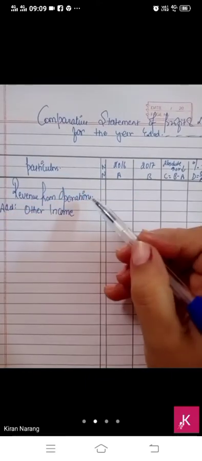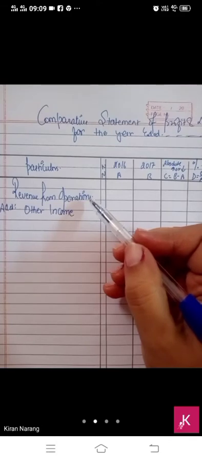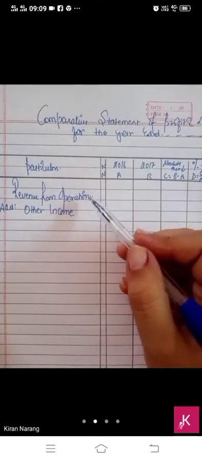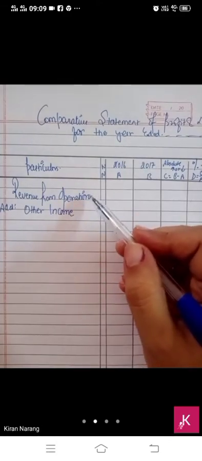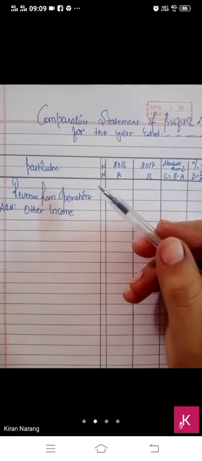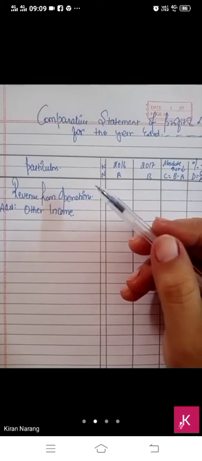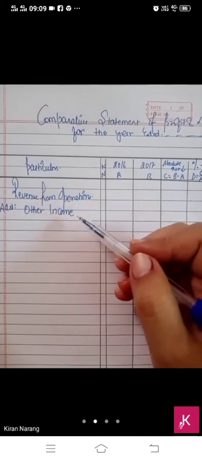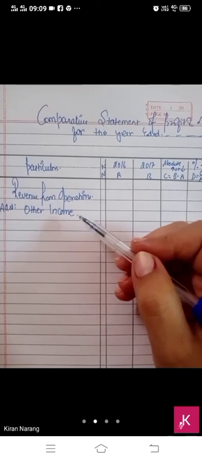Suppose we are having a showroom of furniture. So whatever the amount we are receiving by selling the furniture, that is revenue from operation. And suppose we have given on rent one property to someone, and from there we are receiving rent. That is another income.